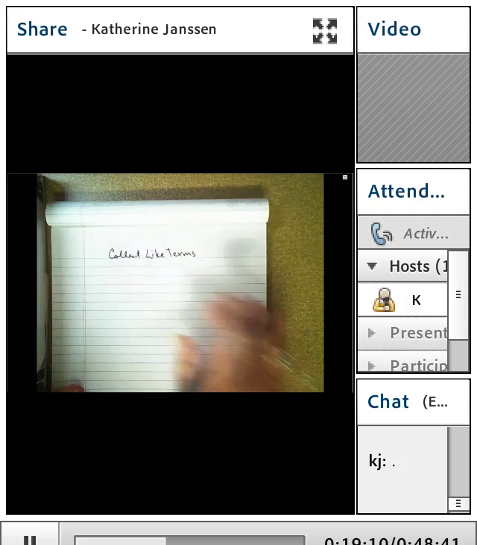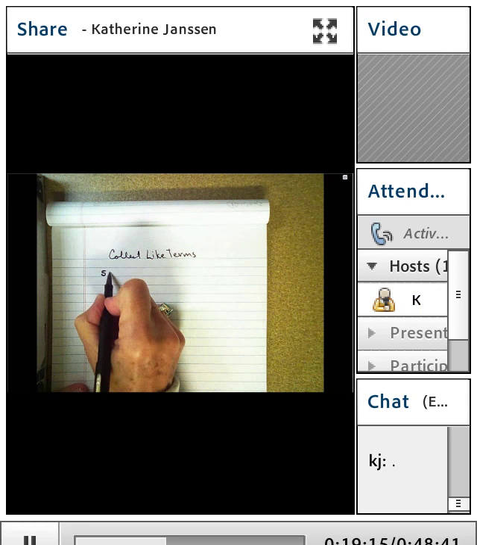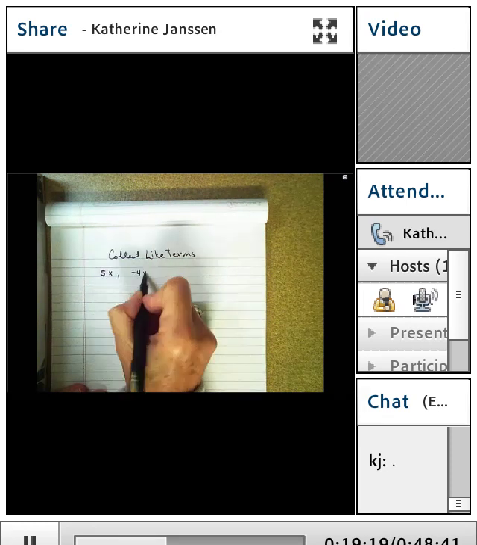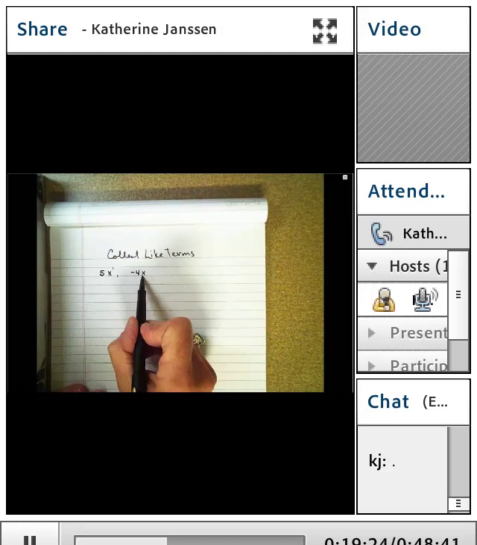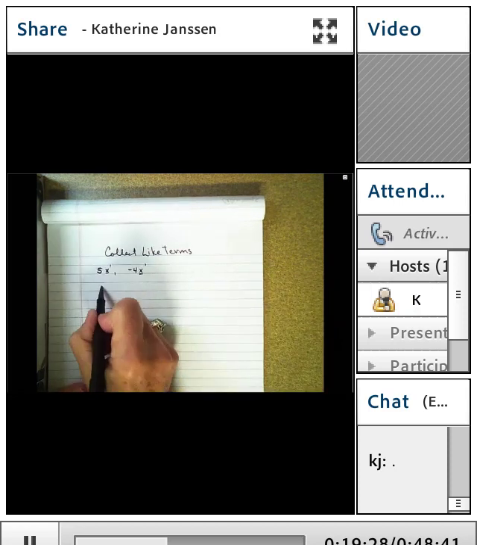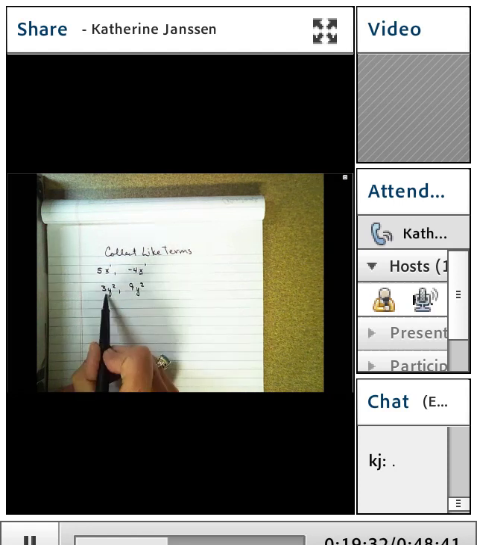Collect like terms. Well, like terms have the same variables to the same degree. So this term has x to the first degree. This term has x to the first degree. They are like terms. 3y squared and 9y squared. This term has a y squared term.